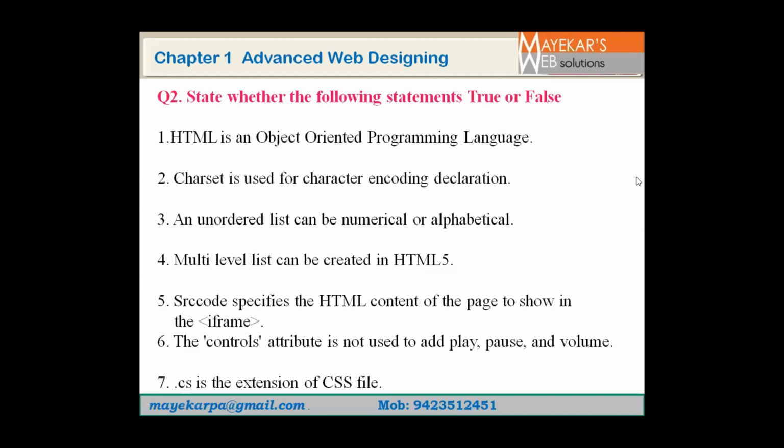But in C++, we use objects. Even in Java or JavaScript, we use objects, and according to those objects we write the code. But in HTML, we write tags instead of objects. So HTML is not an object oriented programming language. So this statement is false.